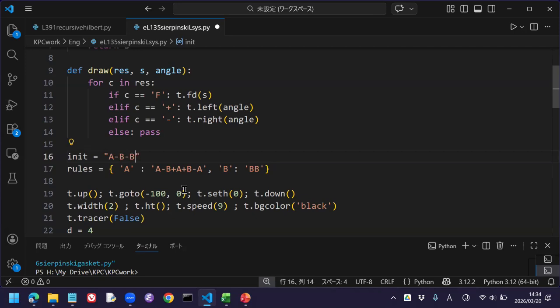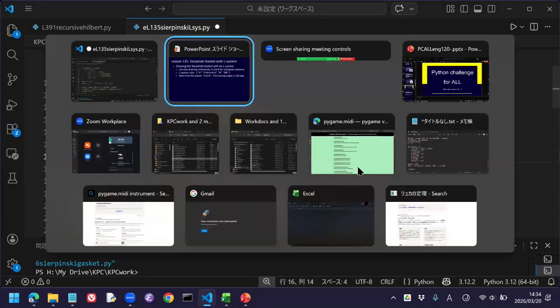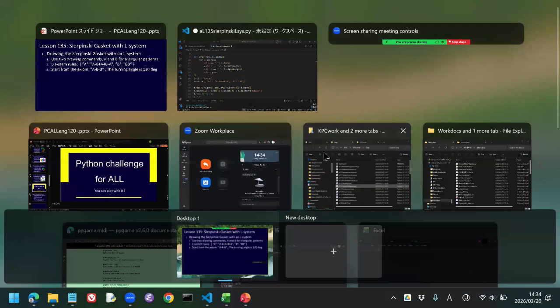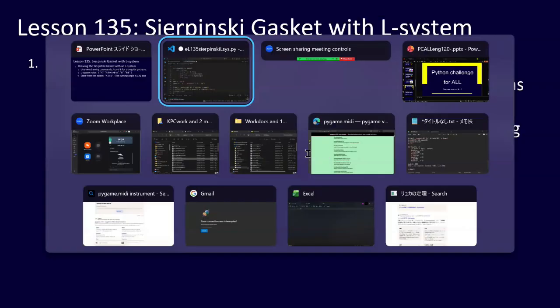Good. Then there's no F thing, so we will just use A and B for drawing.